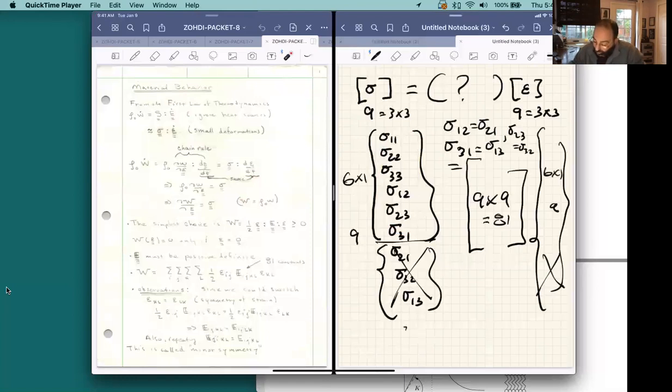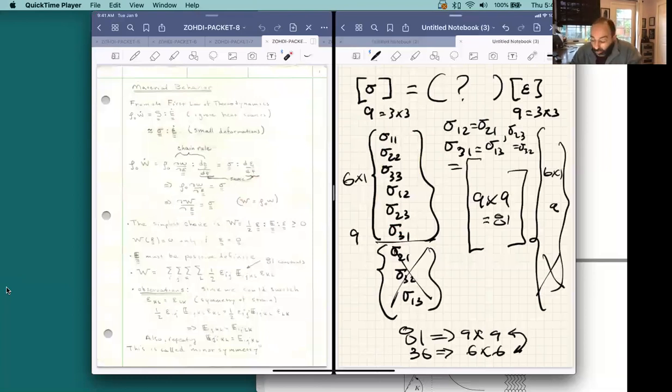So 81 constants, because we have a 9 by 9 matrix, now gets reduced to 36, a 6 by 6 matrix. So the first trick is, please exploit symmetry of the stress and strain. Don't waste your time redundantly measuring the stuff. So it turns out we can reduce immediately by over a factor of 2 the number of experiments that we have to do. Super important.